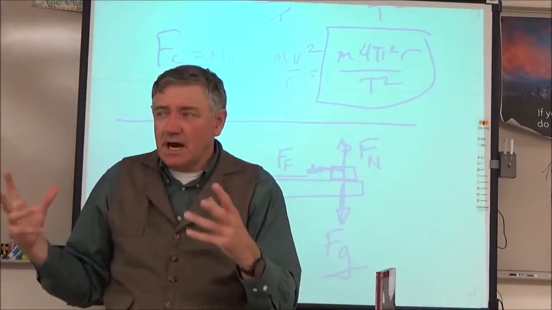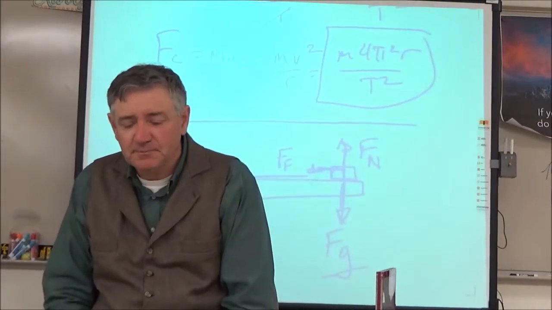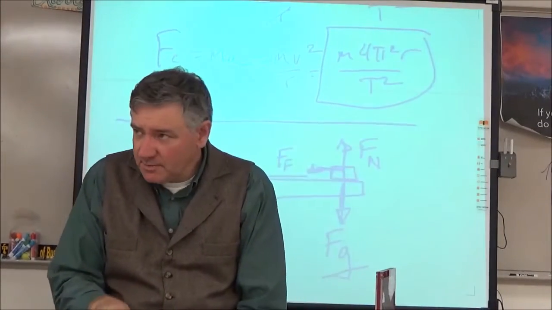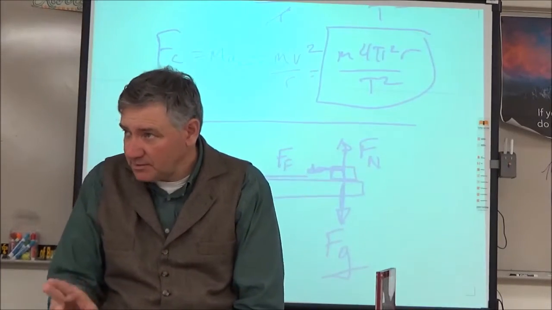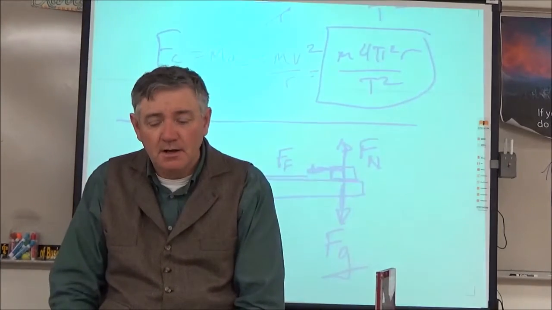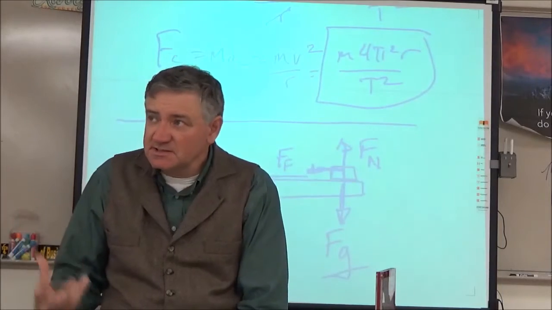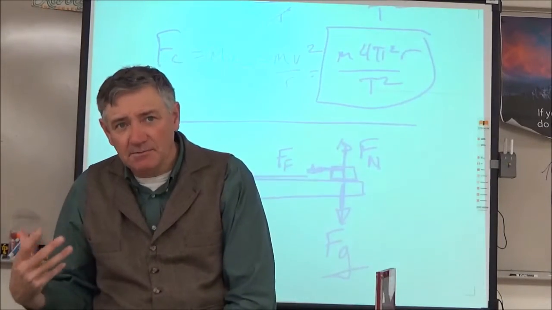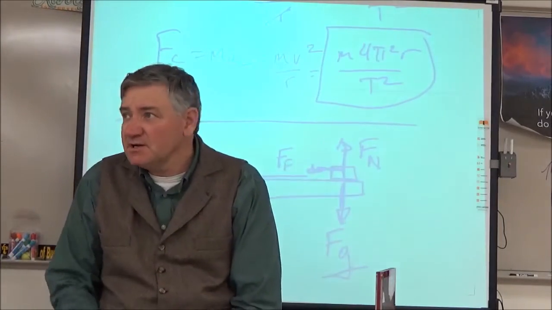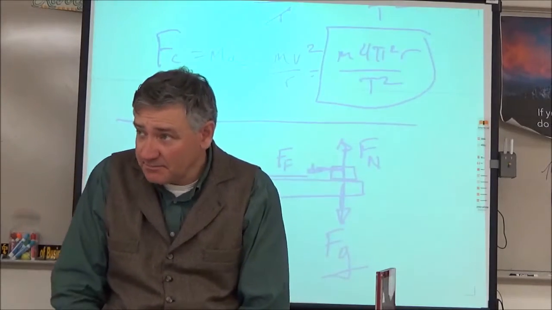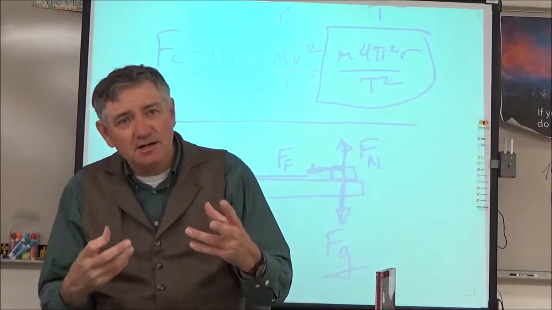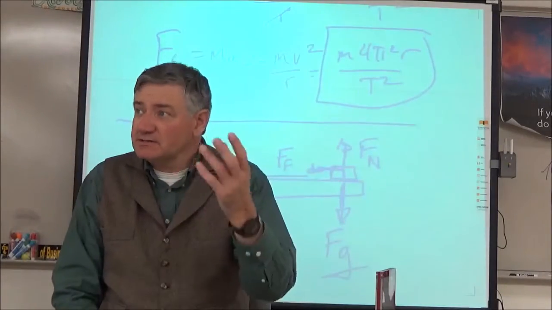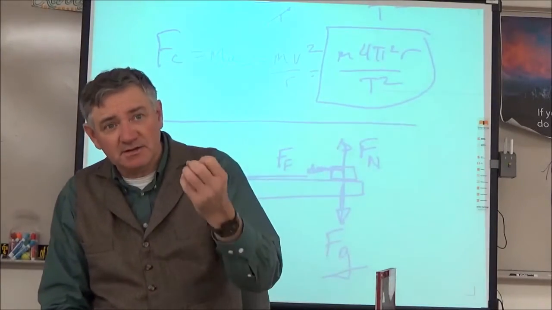So here's the anomaly about centripetal force. If you look at the four fundamental forces, electromagnetic, gravity, nuclear, centripetal force isn't listed there. We're going to spend a lot of time talking about it, but centripetal force only exists because there's something else: because there's friction, because there's gravity, because there's a strain.